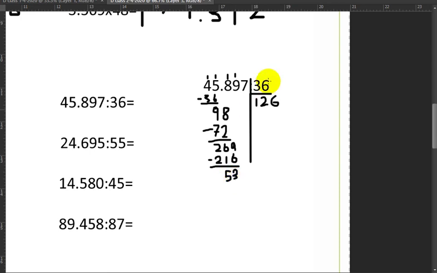So 53 is more than 36, which means I need to try 7 times instead of 6 times. I need to try 7 times. 7 times 36 now. And what I get is 252, right? Right. And my subtraction gives me 17, which definitely is less than 36.